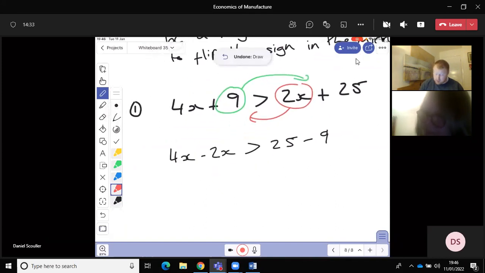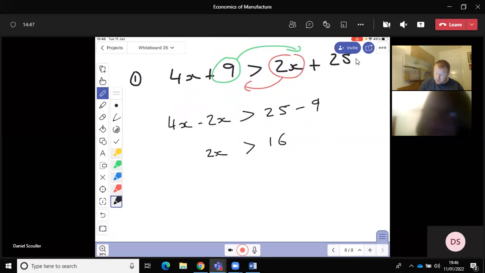And then it's just a simple case of solving that through. 4x minus 2x is going to give us 2x. The greater than sign stays the same, it doesn't change. 25 minus 9 is 16. We want to leave x on its own, so we want to take this 2 and move it over here.